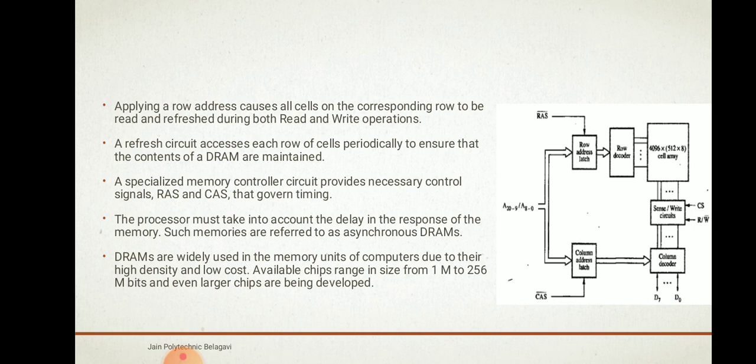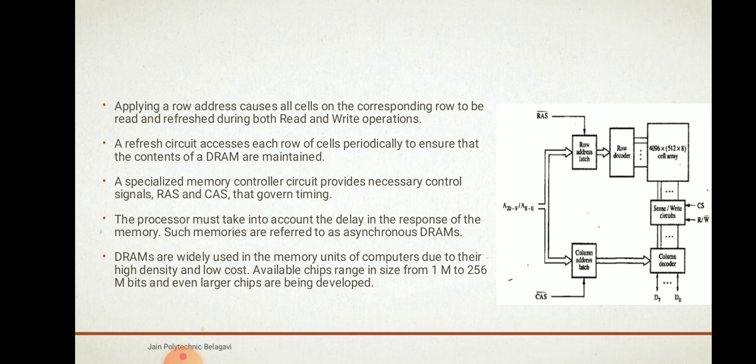Now a refresh circuit accesses each row of cells periodically to ensure that the contents of the DRAM are maintained. So it will try to access each row of cells to ensure that all the contents will be updated. A specialized memory controller circuit provides the necessary control signals.